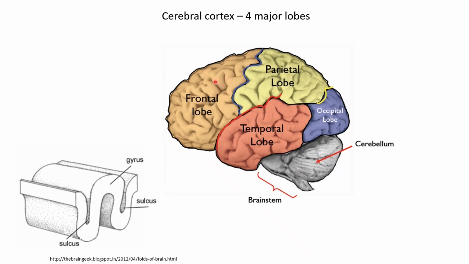And the folds where the brain is folding inwards are called sulcus. So the brain is full of gyri and sulci. Can you guess what is the purpose of having these kinds of folds in the cortical tissue? Well, the purpose is that it increases the surface area of the cortex, and that allows more neurons to be packed within the same volume.